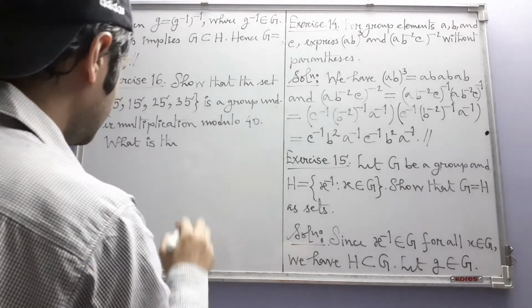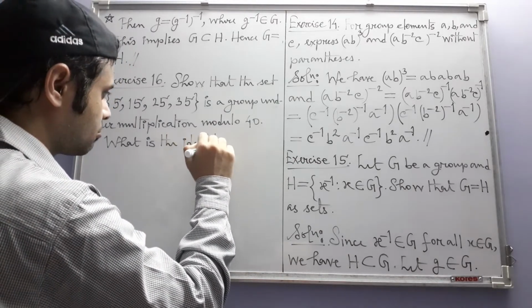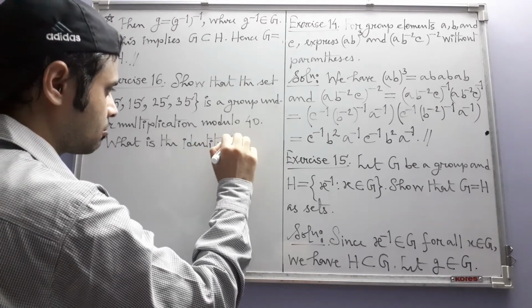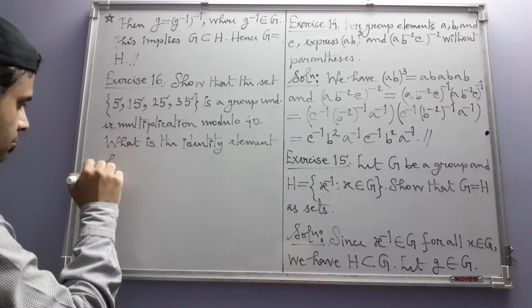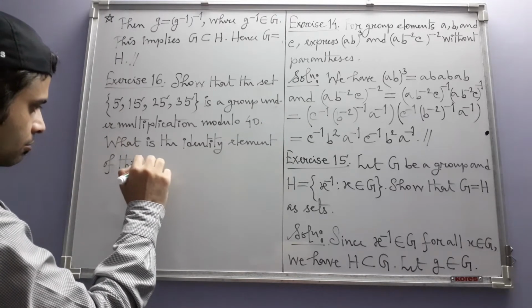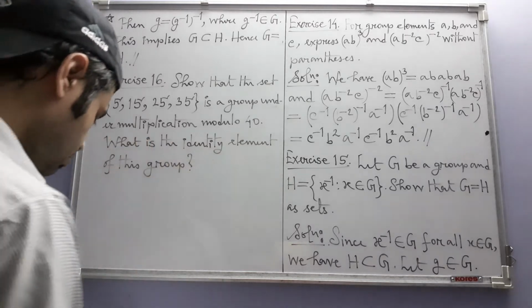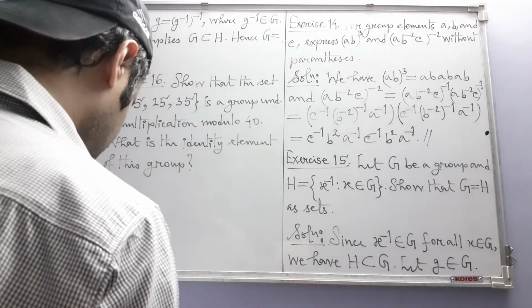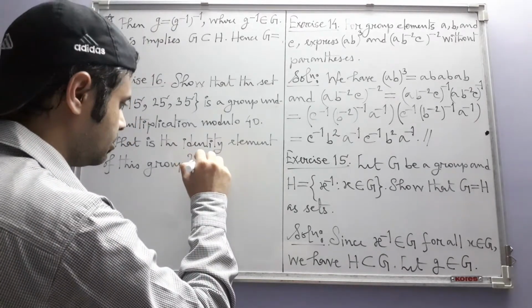What is the identity element of this group? Can you see any relationship between this group and U8?